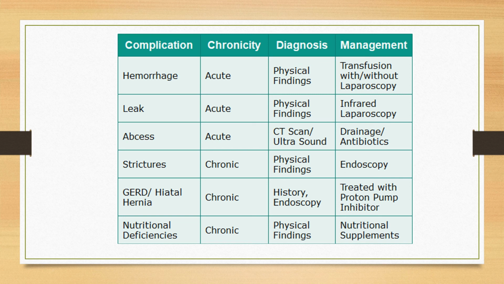An abscess can form in the abdomen, right? There's always a risk of infection, so the area can become infected, which could lead to peritonitis, or you could get a collection of pus called an abscess. You can develop strictures, right? And strictures can occur where the bowel has been reconnected during these procedures.